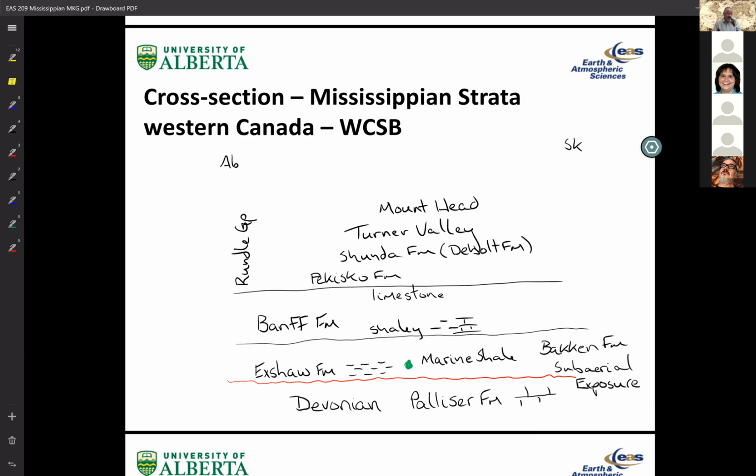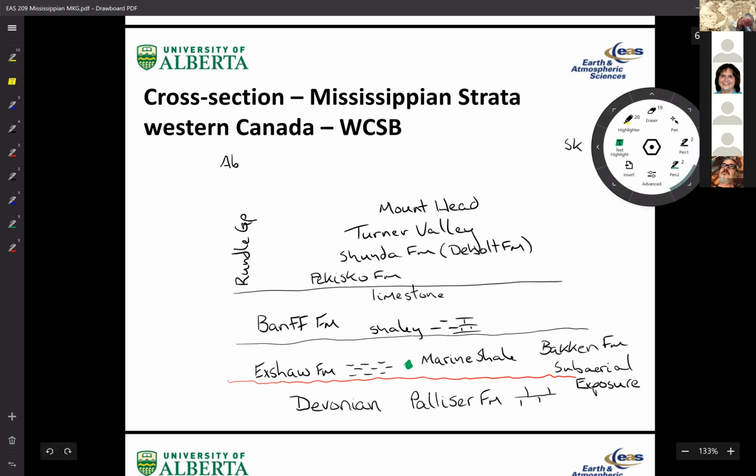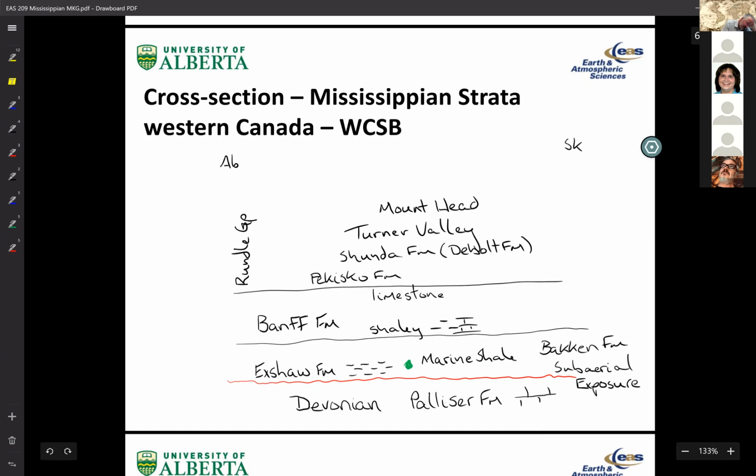And the DeBolt Formation I mentioned because it becomes an important resource rock up in the area of DeBolt, interestingly enough, in northwestern Alberta. And the area of DeBolt is east of Grande Prairie by about 50 kilometers, maybe a little bit more. And so of all of these Mississippian formations, the Turner Valley and the DeBolt are really the ones that normally have the oil or gas potential.